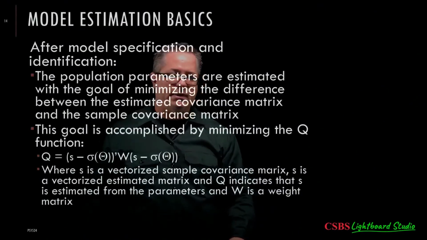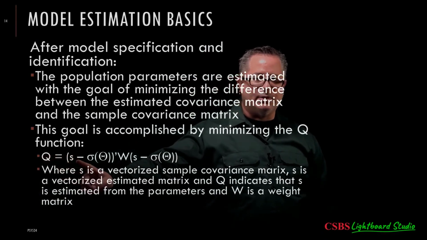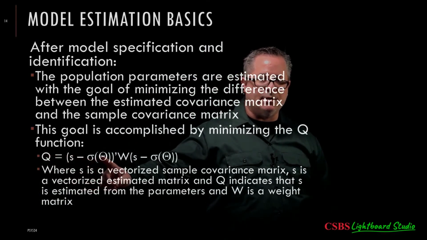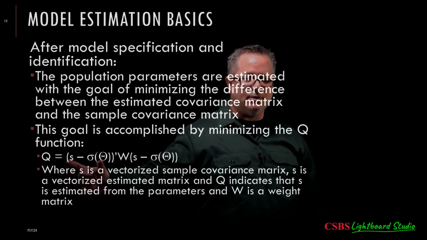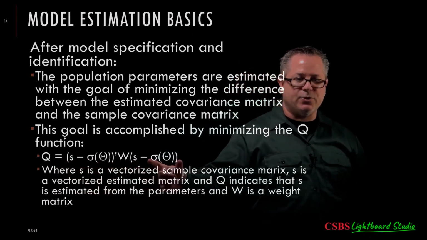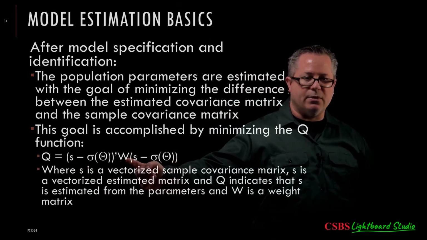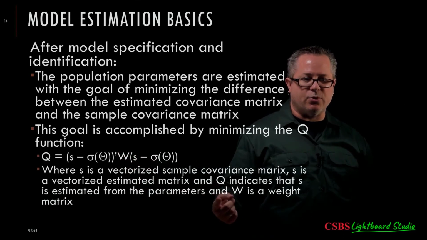The way that gets sort of illustrated is in this thing here, this Q. So Q is the difference between S and sigma theta, and S and sigma theta is here again, and then there's a W matrix in the middle. So this is the difference between the sample and model-based matrices twice with a W matrix, where W is just called a weight matrix.